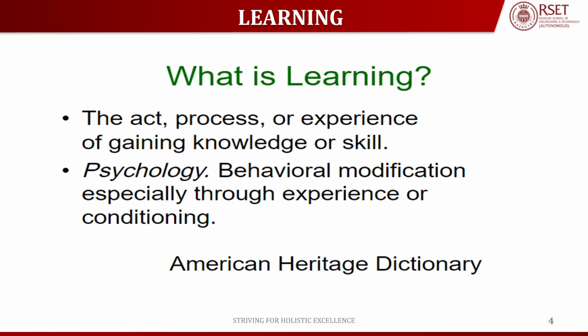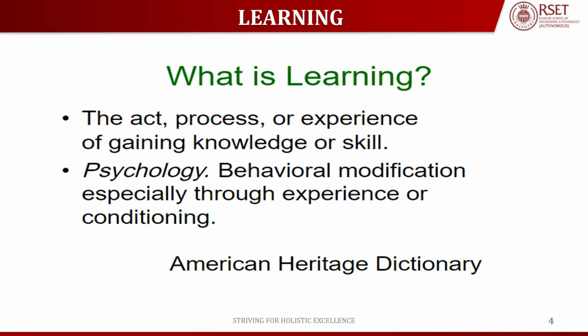So now, what is learning? The act, process, or experience of gaining knowledge or skill. So in terms of a system, learning is the process by which a system improves its performance over time based on the experience.